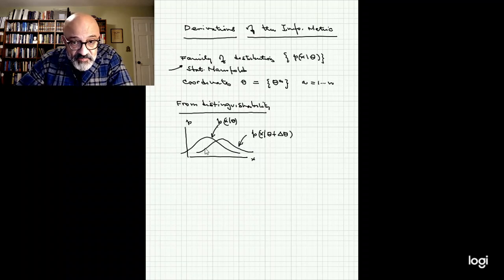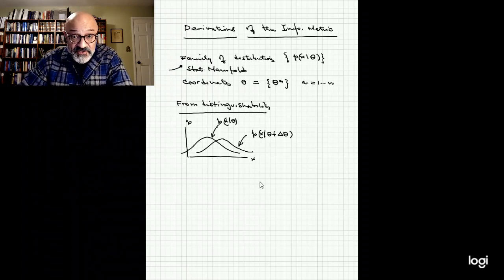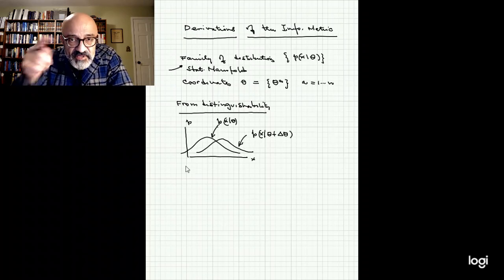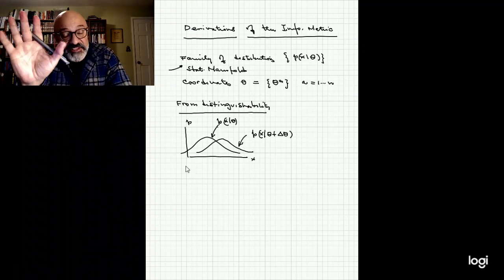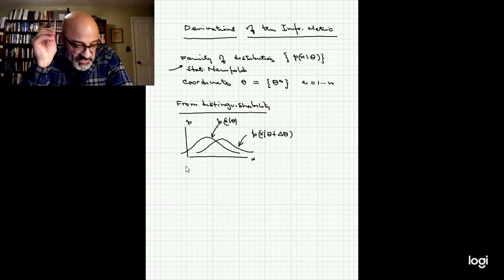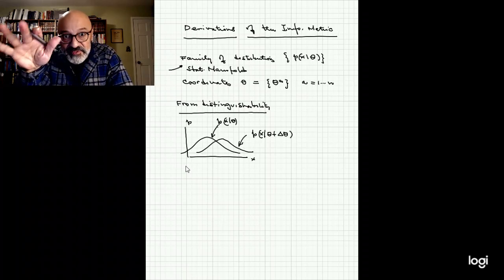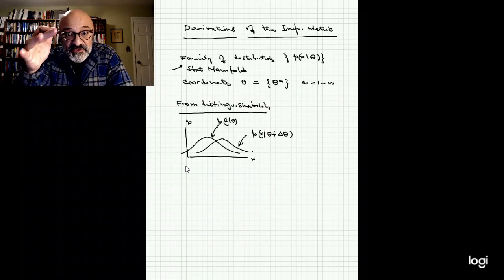In fact, this is the problem that Fisher, the biologist statistician, first introduced the concept of measures of distinguishability. Fisher was an interesting character. He was a biologist, considered one of the most important biologists of the whole 20th century.